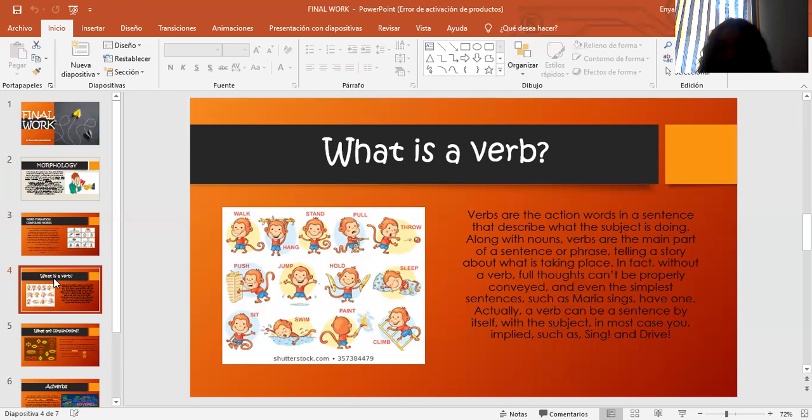In fact, without a verb, full thoughts cannot be properly conveyed, and even the simplest sentence, such as Maria sings, has one. Actually, a verb can be a sentence by itself with the subject implied, such as sing and drive.